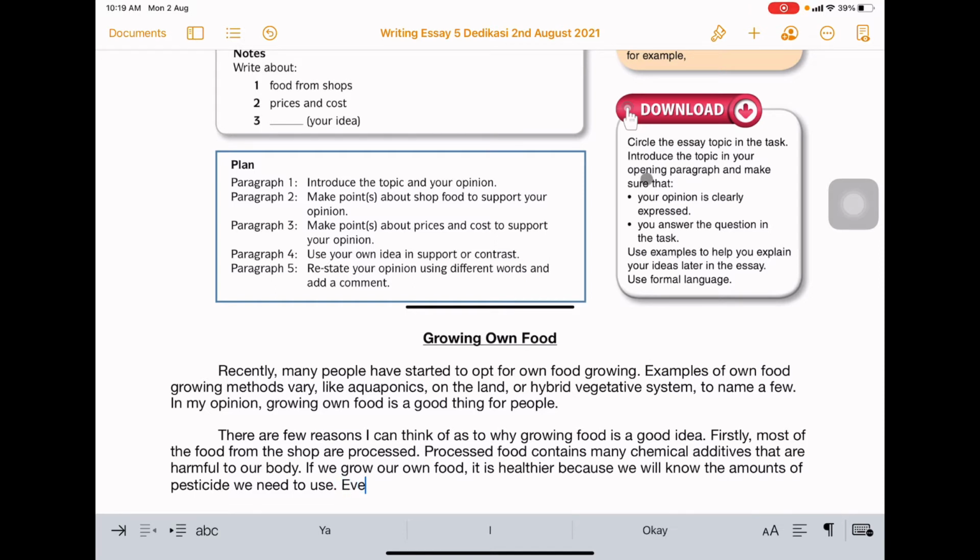Even better, we can opt for pesticide free products and consume them. Consume is the same meaning as eat.